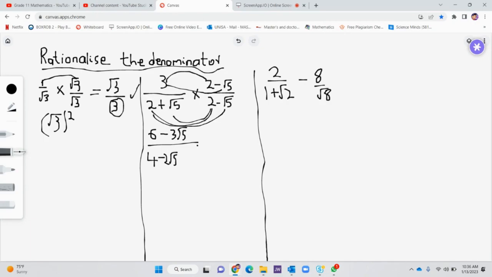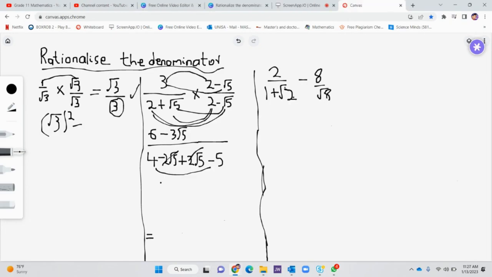Square root of 5 multiplied by 2 is plus 2 square root of 5. And square root of 5 multiplied by minus square root of 5: it's a positive by a negative, so it's a negative. So we have minus square root of 5 times square root of 5, which is 5.